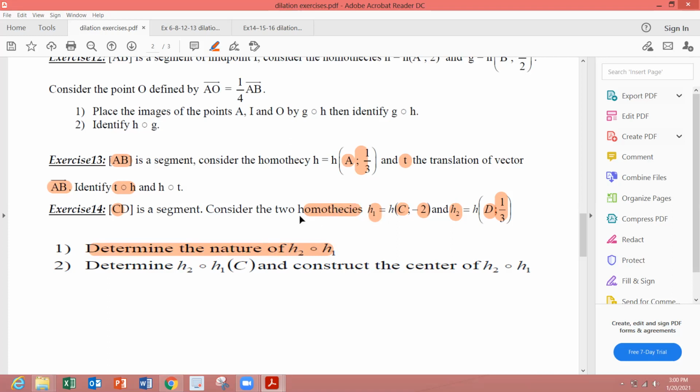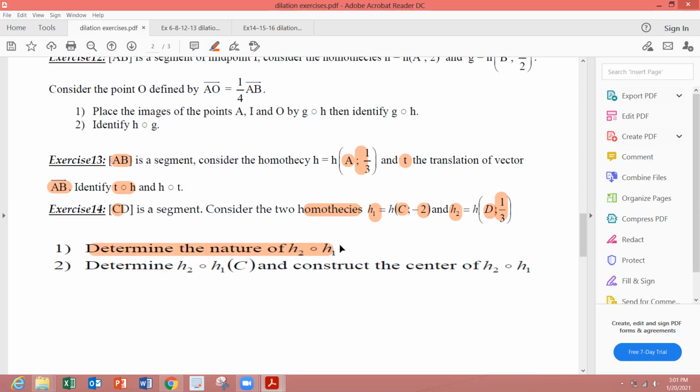The composite of two dilations is a dilation. So I call this dilation H with center omega, and the ratio is the product, not the sum, the product: -2 times 1/3.